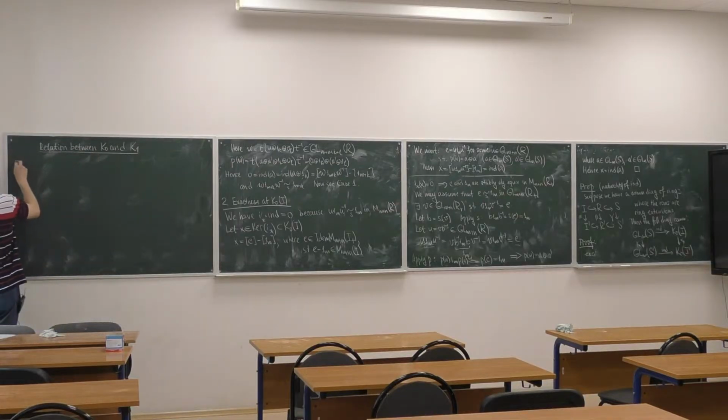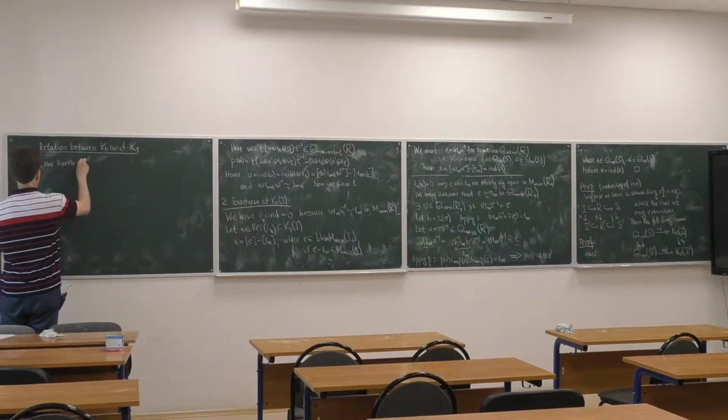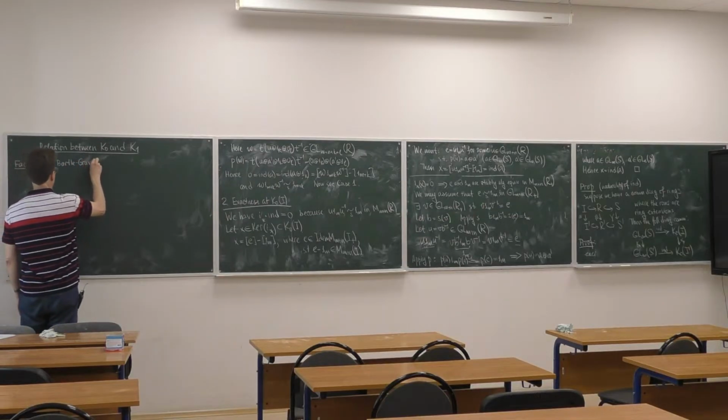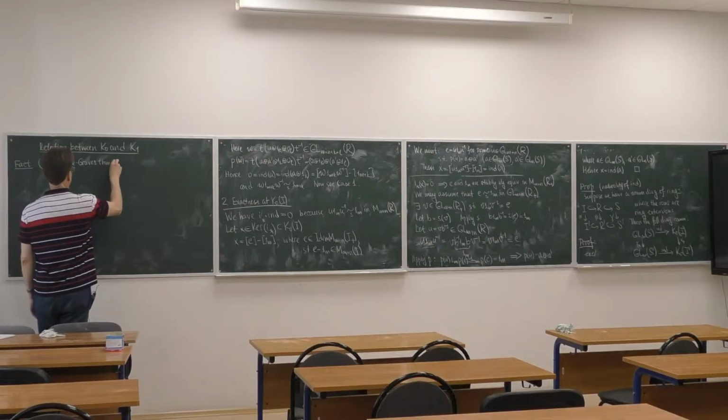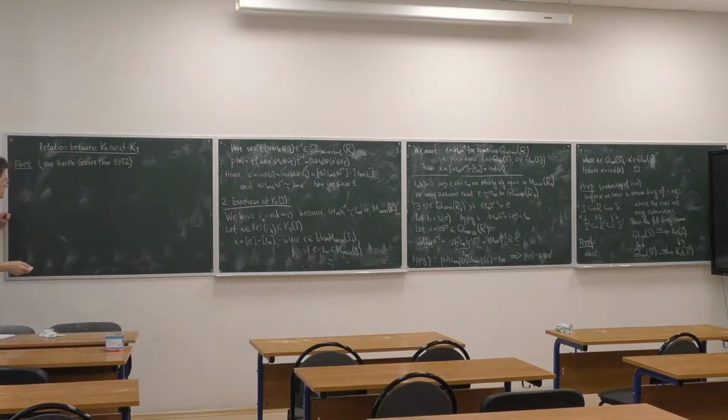We will need the following fact from infinite dimensional topology, which is sometimes referred to as the Bartle-Graves theorem. It was proved in 1952. Actually, Bartle and Graves proved something more general, but we will need it in this special form.